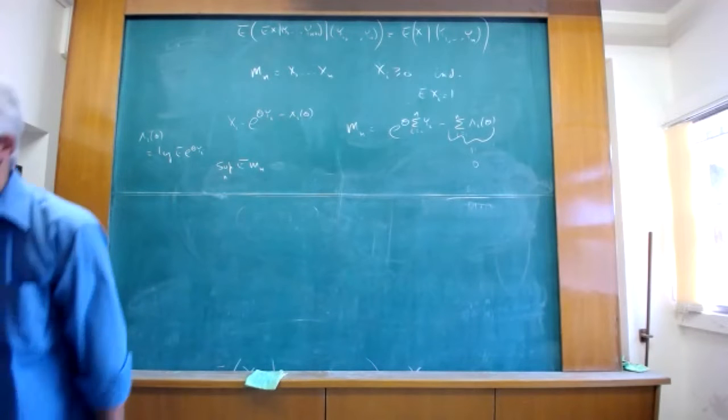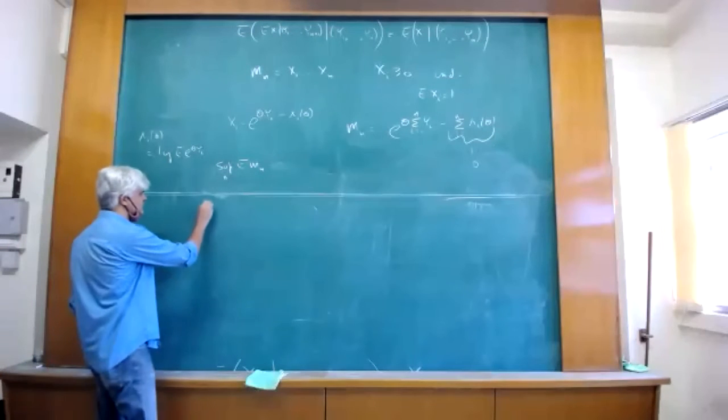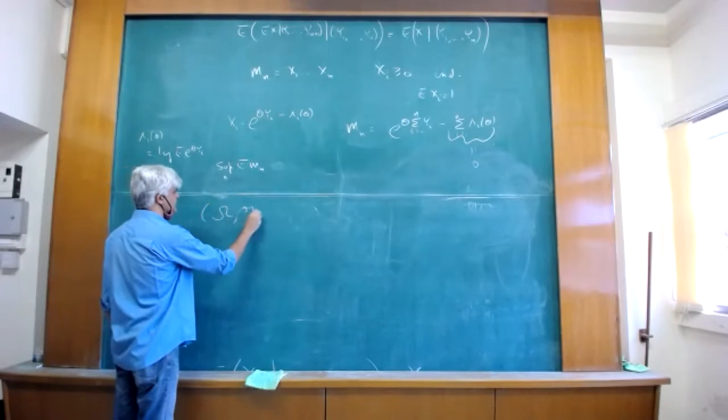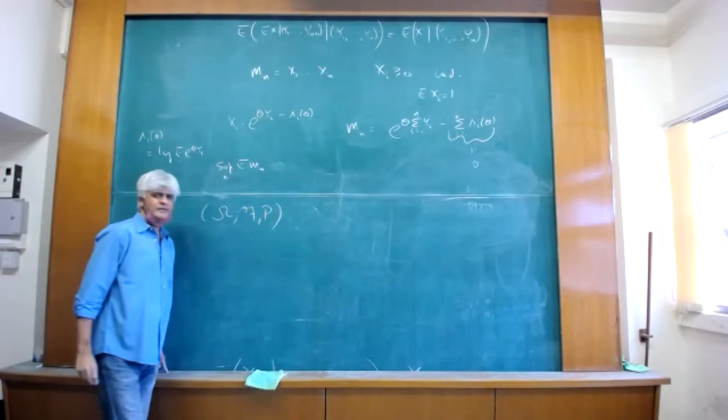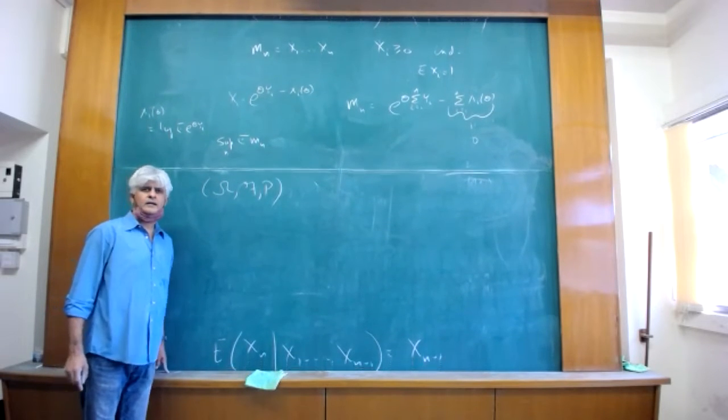Okay, so now let's present things in some more generality and more formally. We are given a space (Omega, F, P). We need the idea of a filtration. So you're familiar with the filtration idea?